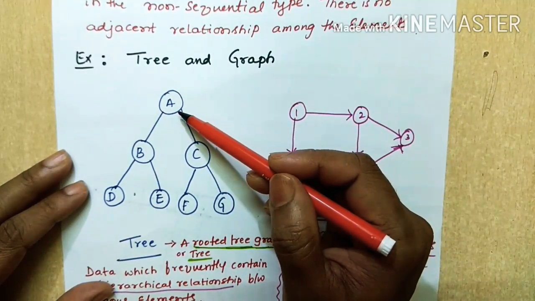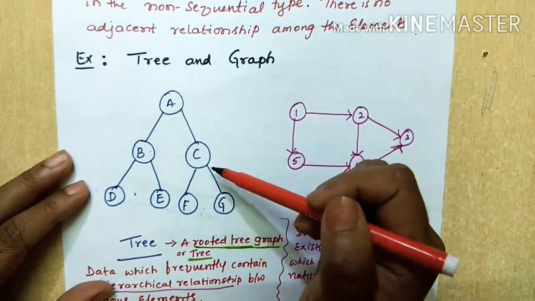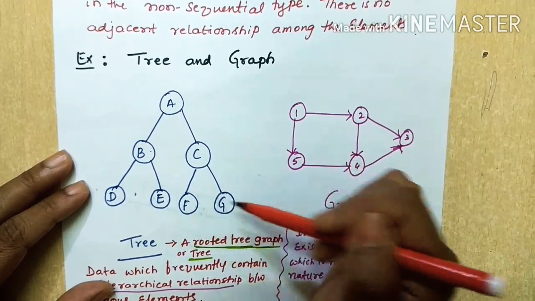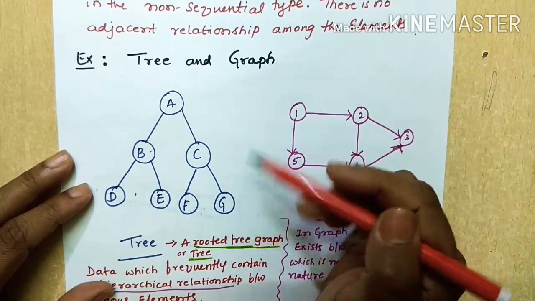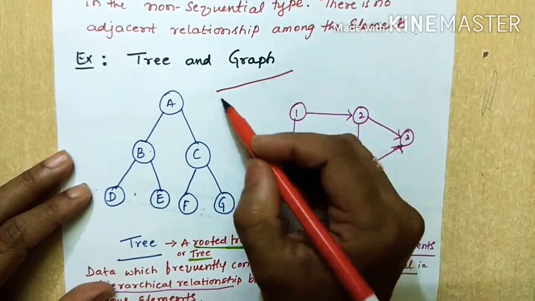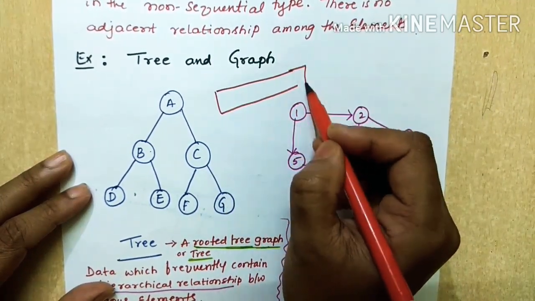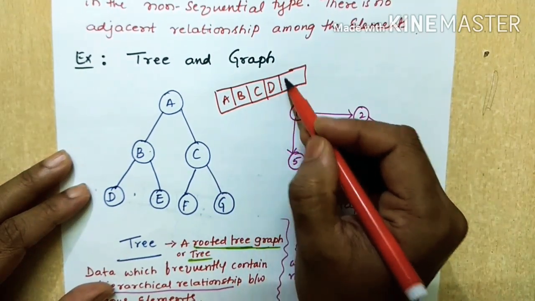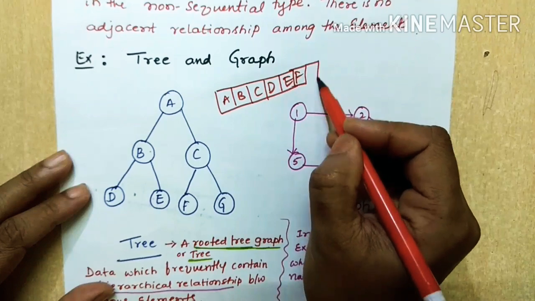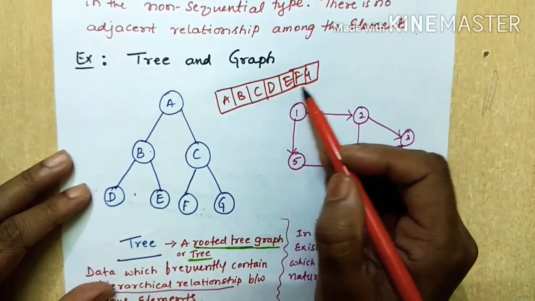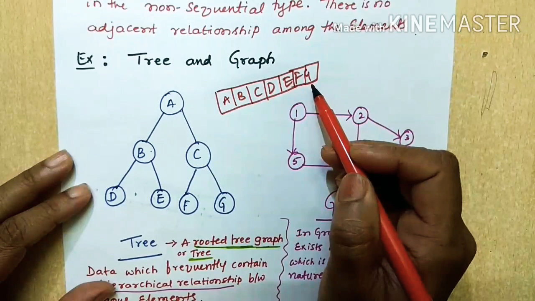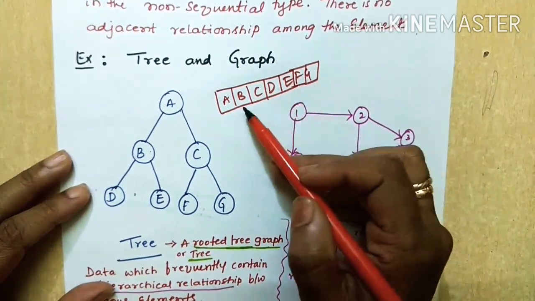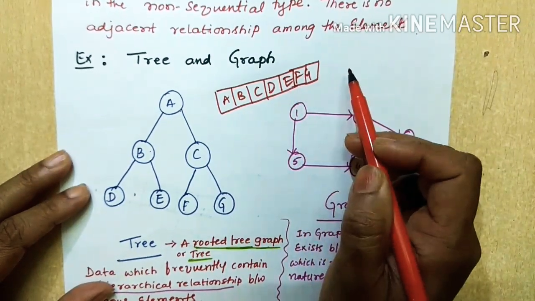Here is one element A, another element B, C, D, E, F, G. In sequential order, we would store them like A, B, C, D, E, F, G. The elements are stored continuously in a linear data structure, either in array, stack, queue or linked list.